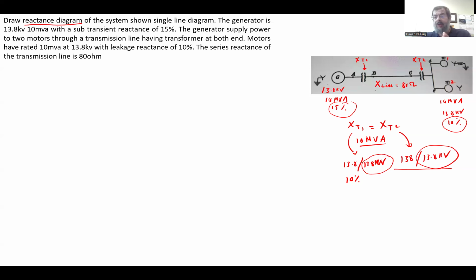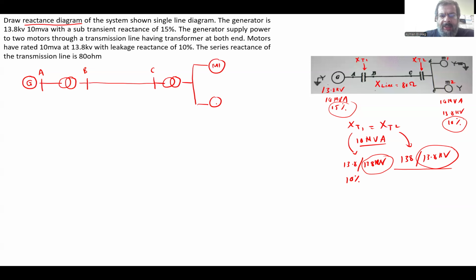Now to solve this question, we need to identify the zones, and the zones are identified by the transformers. So we have the generator connected to the first transformer. This is point A, this is point B, then we have the transmission line, then point C, then another transformer, and then motors M1 and M2.